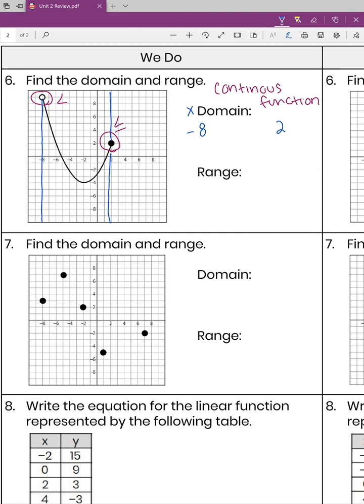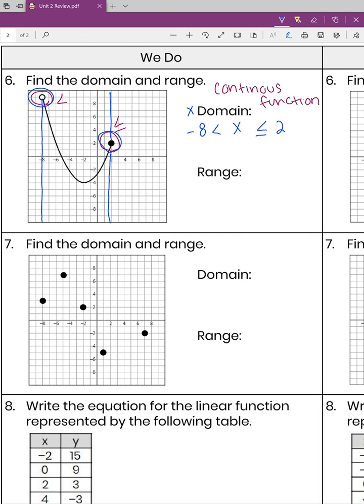Since that -8 is part of that open dot, which is a less than symbol, and the closed dot on the 2 is part of the less than or equal to symbol, that goes here. And since domain is x, that is our domain: -8 less than x, less than or equal to 2.